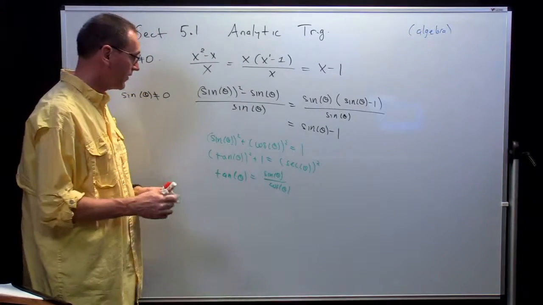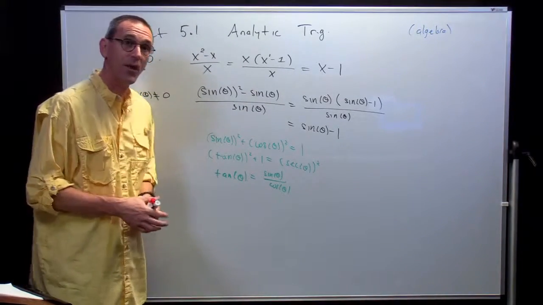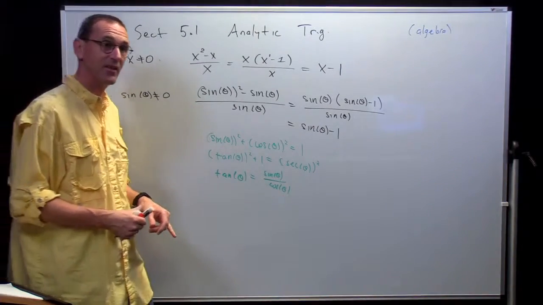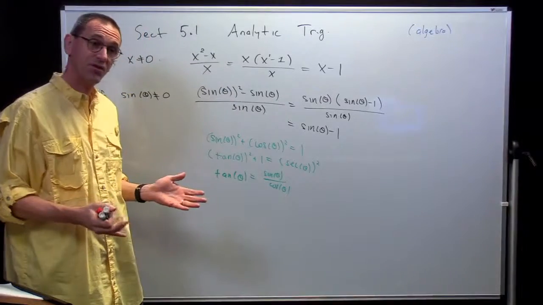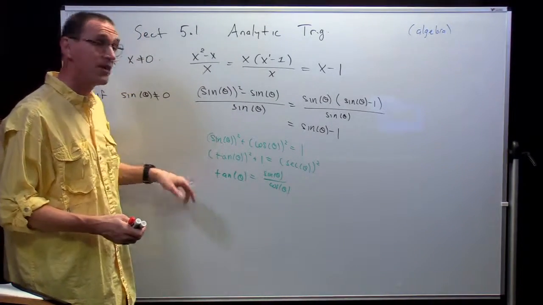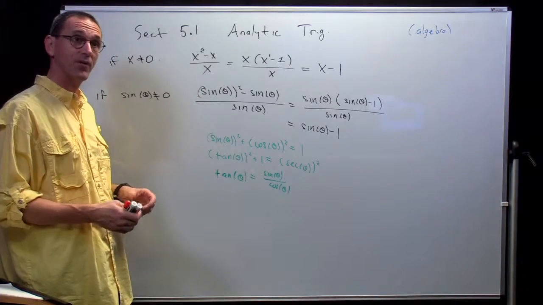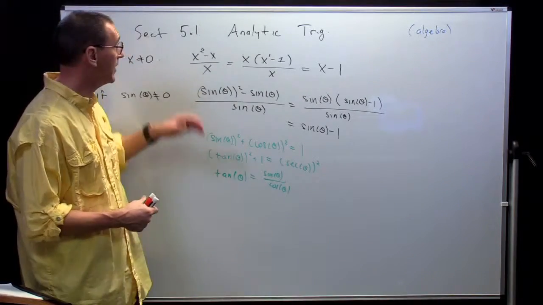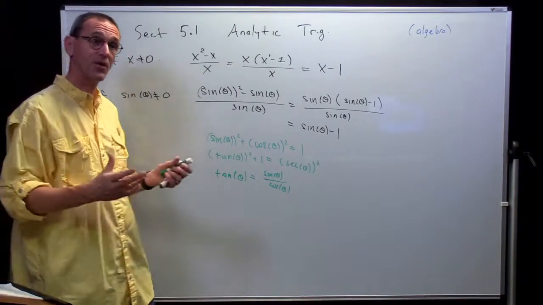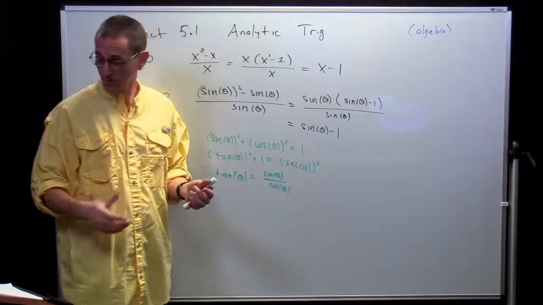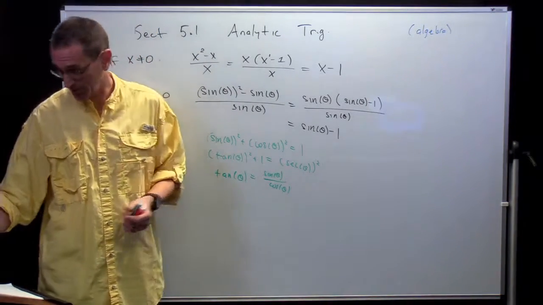Okay? And the question that's going to come up is, under what circumstances do I use this versus this identity? And the answer is you just get a feel for it, you try different ones, and whichever one happens to work in the most straightforward way for you, that's the one you're going to use. And just like when we did things like this, we're going to find that in some circumstances there's different ways we can approach it, and you just use the one that works at the moment.